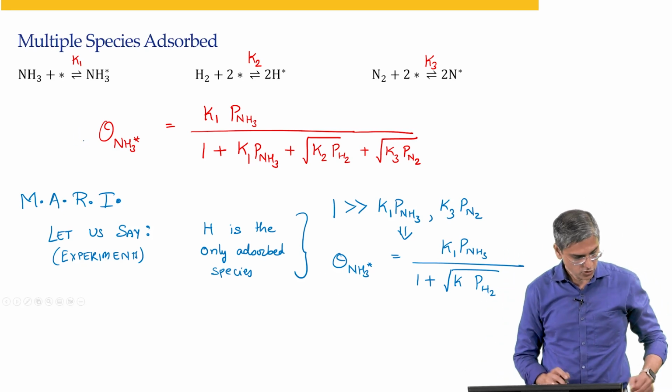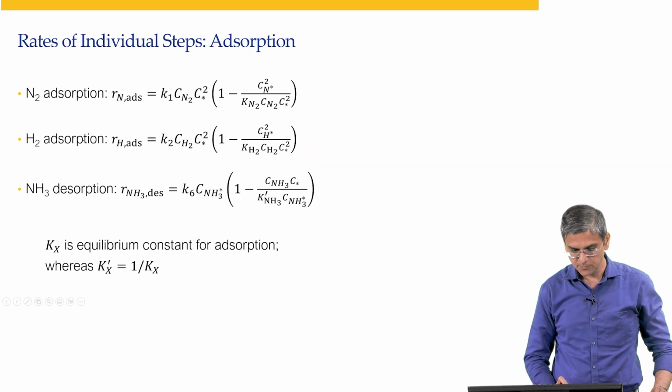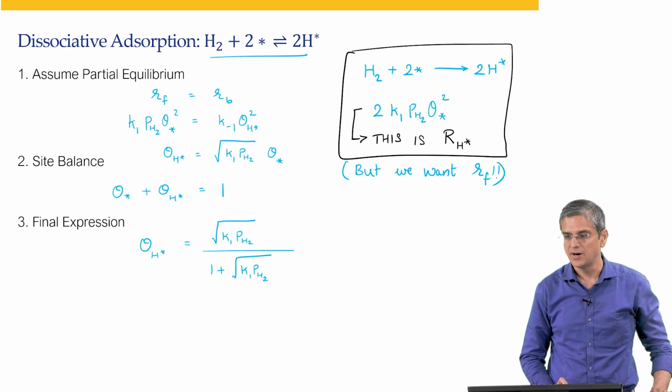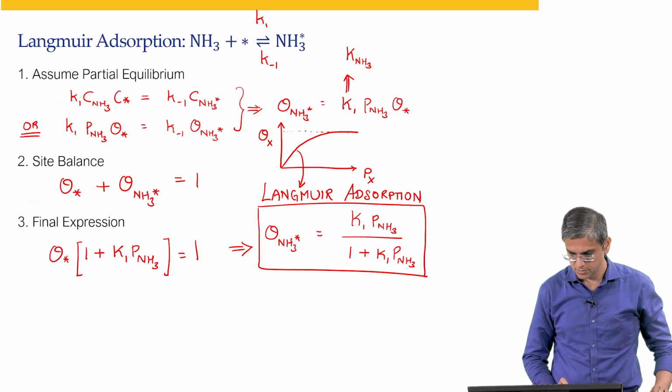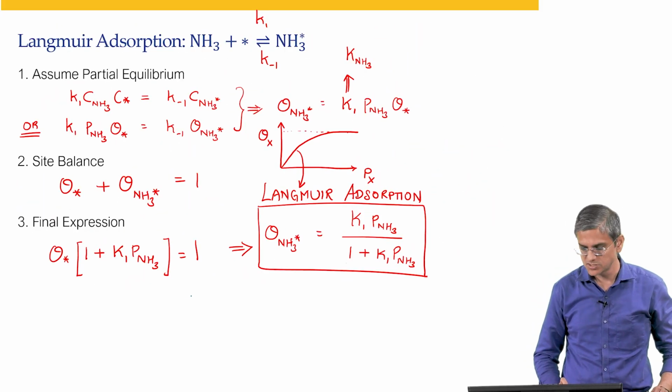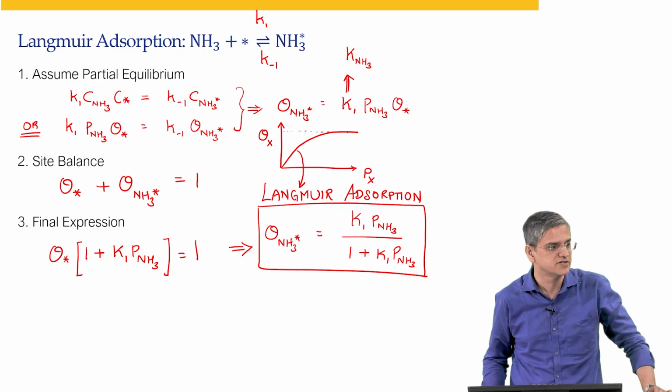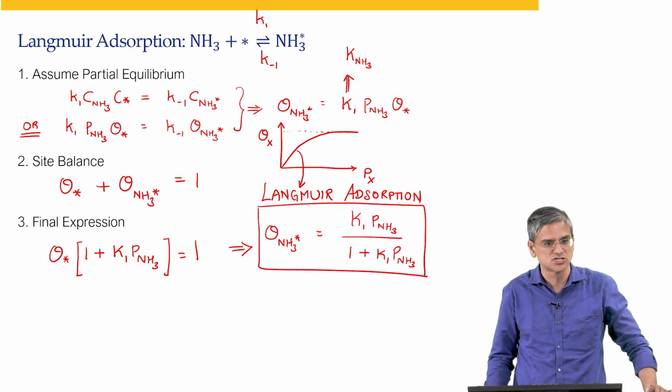So, we have talked about 3 approximations. The 3 approximations are partial equilibrium. At the beginning of the class I also said that ammonia, if it is a single adsorbed species, you could even say that ammonia is under pseudo steady state condition.